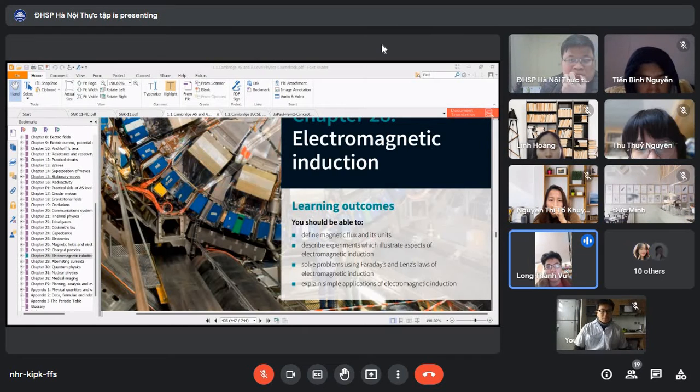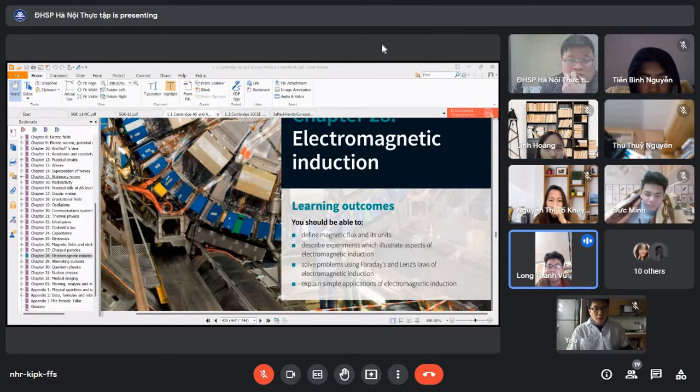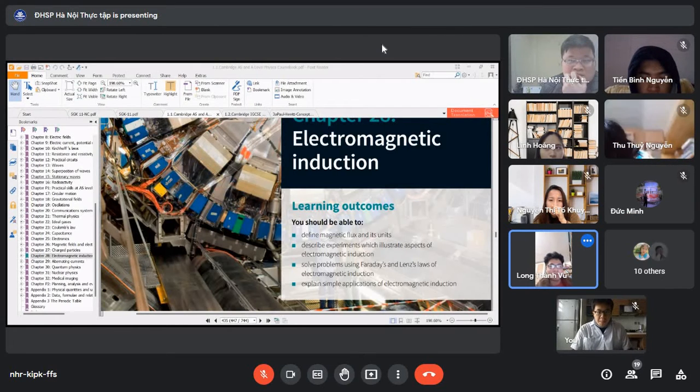But Lenz's law only states the direction of the current. Faraday's law helps us to calculate the electromotive force created by the current. I think that is the difference between Faraday's law and Lenz's law.